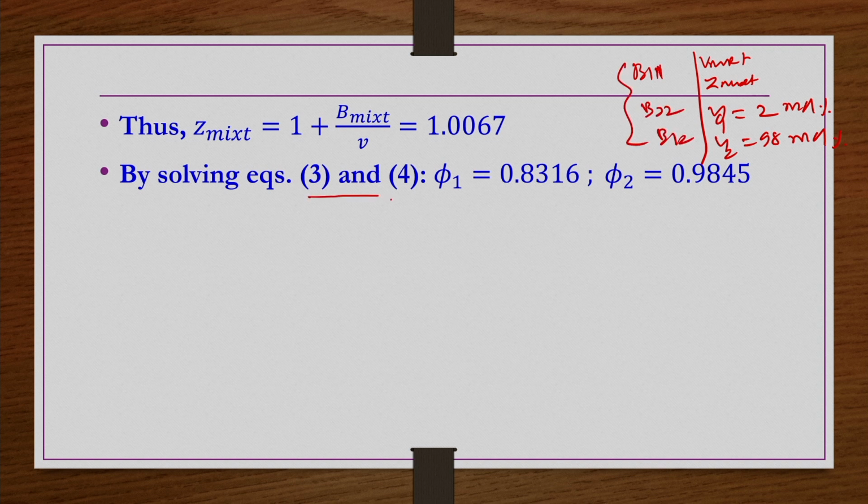In equations 3 and 4, where the ln phi 1 and ln phi 2 relations are given, the right-hand side is everything known. So, if you substitute and simplify, you will get phi 1 and phi 2 as 0.8316 and 0.9845 respectively.